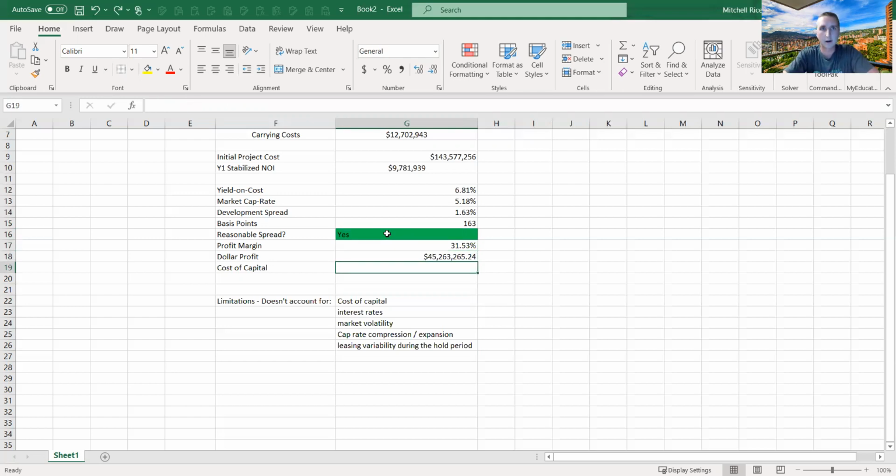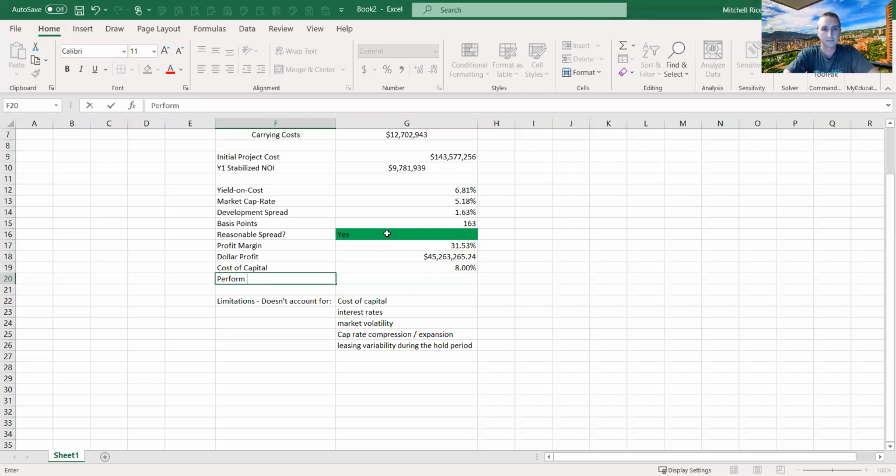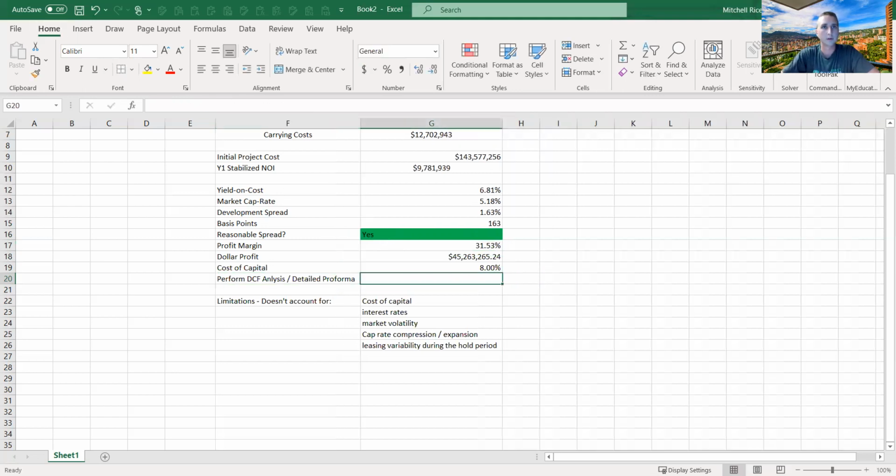But let's say our cost of capital is 8%. If this profit margin was close to that, you wouldn't want to take the deal, right? This is kind of fun. So we'll do another little something. Let's do an if statement.